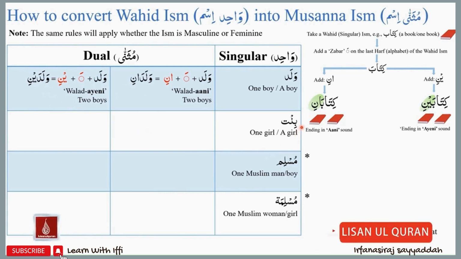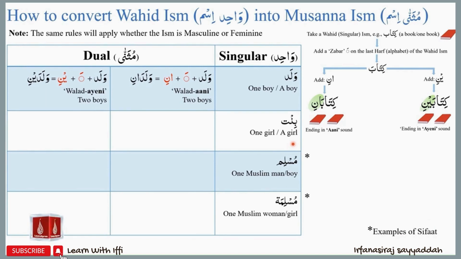The next example is that of bint. Bint means one girl or a girl. To convert bint into its dual or musanna form, we will again refer to the diagram. Add a zabar to bint, followed by alif noon zair, and we have bintani, which means two girls.